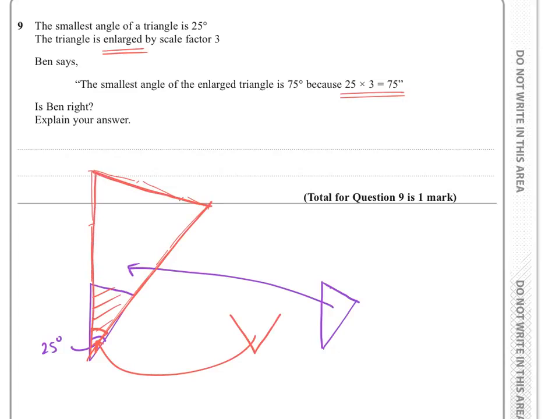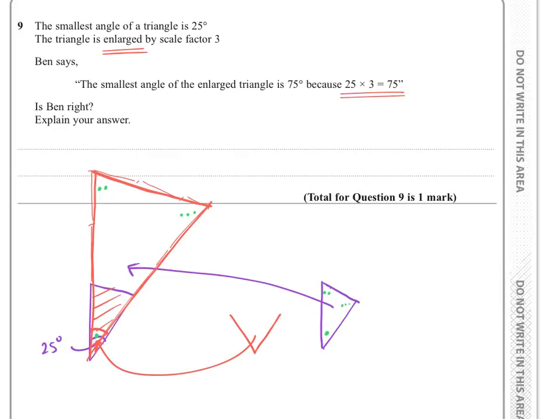Okay, and the nice thing about that is that this angle here, and I'll draw another colour here, this angle here corresponds to this angle here, this one here corresponds to this one here, and this one corresponds to this one.